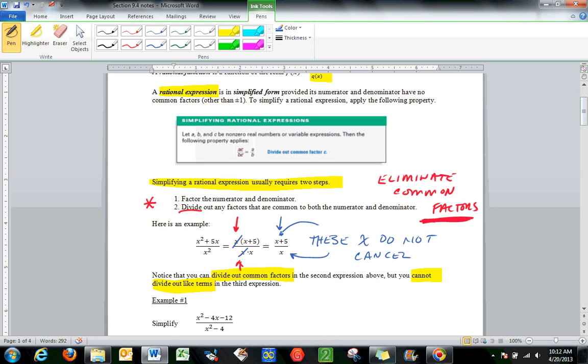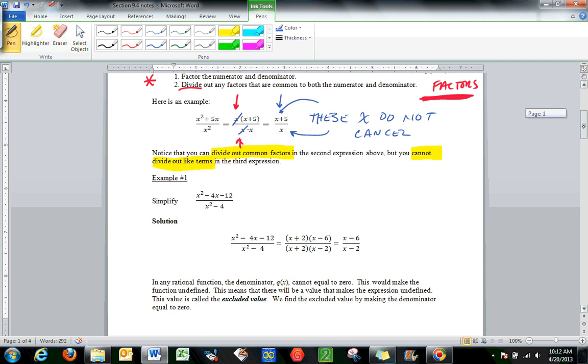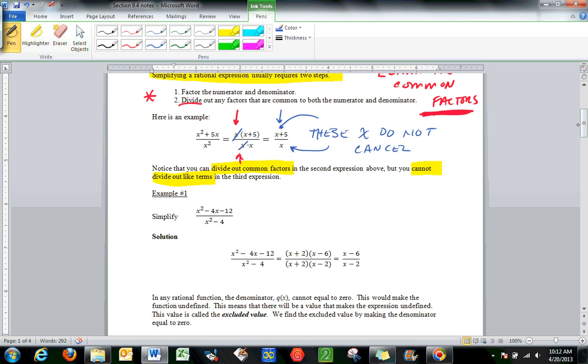Now, if we look at this, we have an example down here, a little bit broader scope. So you can see example number 1, we have a trinomial and a binomial. They're both quadratic expressions. On the top, you just have some basic factoring, so that's basic factoring of a trinomial. On the denominator, you have a difference of squares. And so when we factor both the numerator and the denominator, they both end up having a like factor of x plus 2.